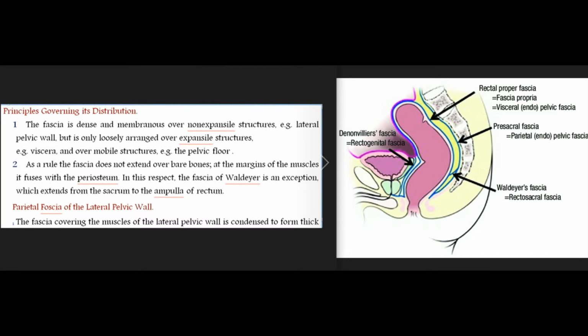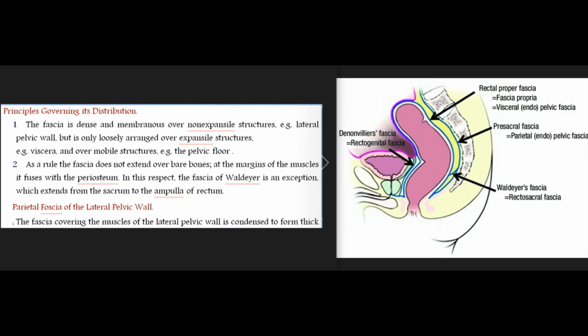The fascia is dense and membranous over non-expansile structures, e.g. lateral pelvic wall, but is only loosely arranged over expansile structures, e.g. viscera, and over mobile structures, e.g. the pelvic floor. 2. As a rule the fascia does not extend over bare bones; at the margins of the muscles it fuses with the periosteum. In this respect, the fascia of Waldeyer is an exception, which extends from the sacrum to the ampulla of the rectum.